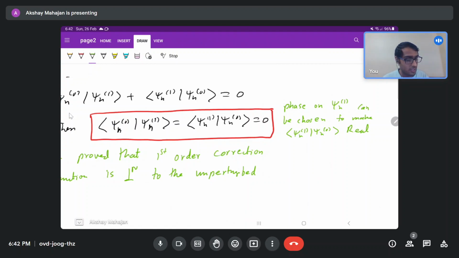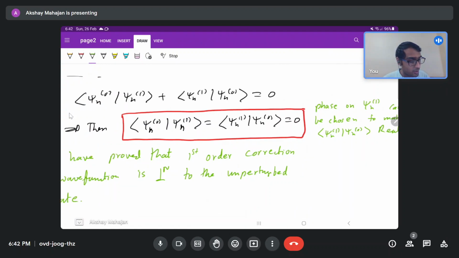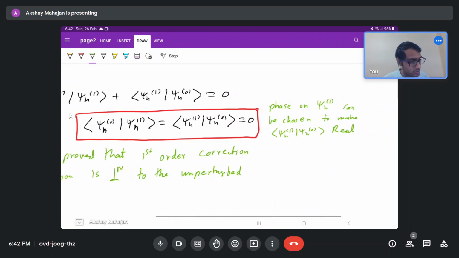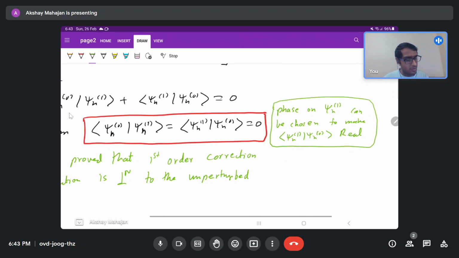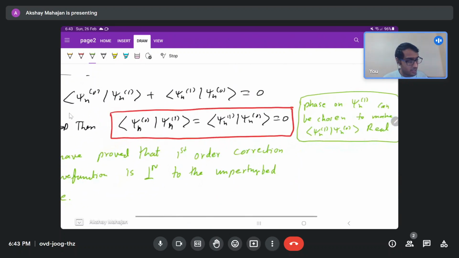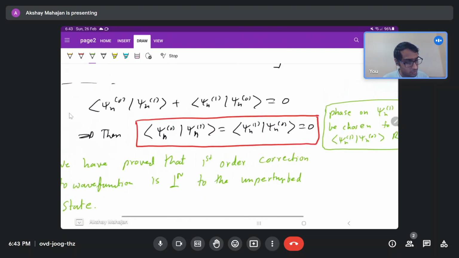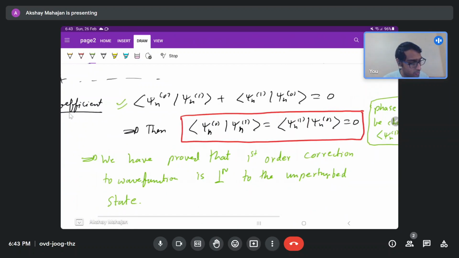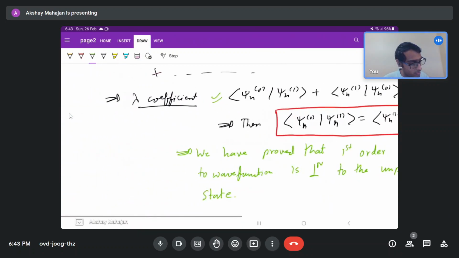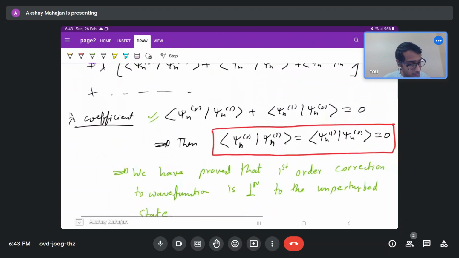We have put these values as 0 because they are actually complex conjugates of each other, or you can choose some phase to make this real as well if you just want to deal with real quantities. But basically for this equation to be true, this condition has to be there: the first order correction has to be perpendicular to the unperturbed state.